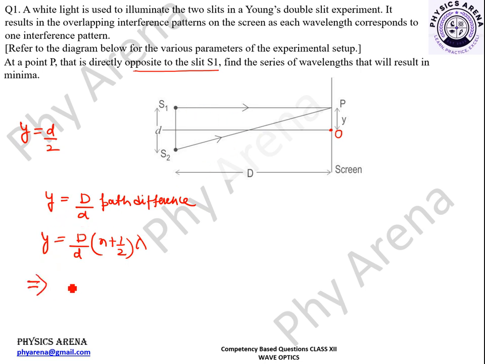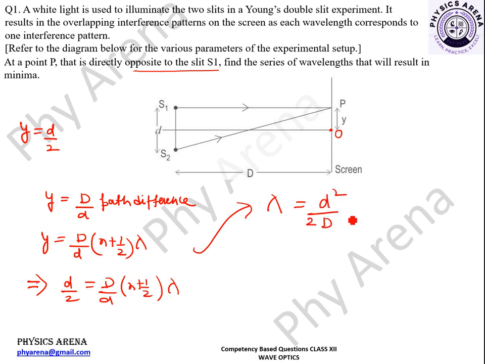So this implies small d by 2 is equal to capital D by small d multiplied by n plus half lambda. And when I reshuffle it, I can write down the value of lambda. So from this, I can find out lambda is equal to small d square upon 2 capital D times n plus half. And the value of n varies from 0, plus minus 1 up to infinity.